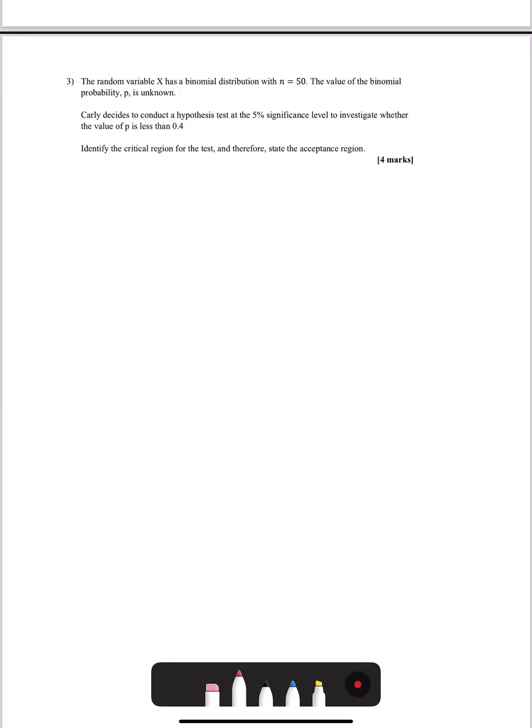So we are going to say X is binomially distributed, and we're going to assume that the probability is actually 0.4.